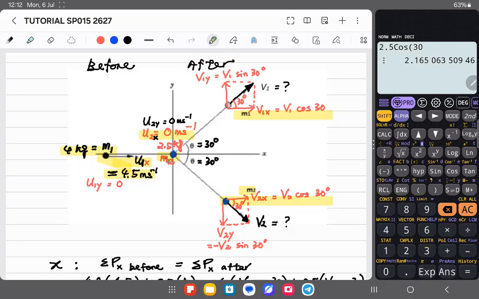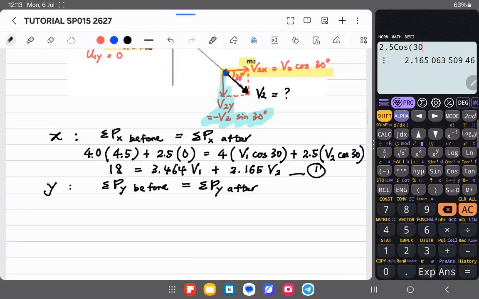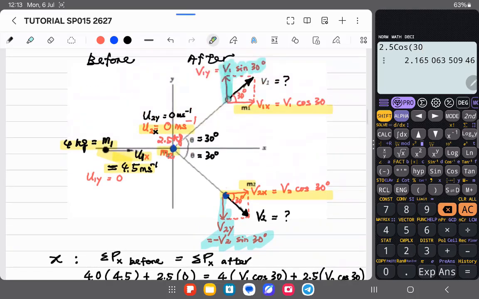Anyhow, after collision, ball 1 is moving along the y-axis with a velocity v1 sine 30, and ball 2 is moving along the y-axis with a velocity negative v2 sine 30. So we are going to have 4 times 0 plus 2.5 times 0. Again, 0 because before collision there is no component y.